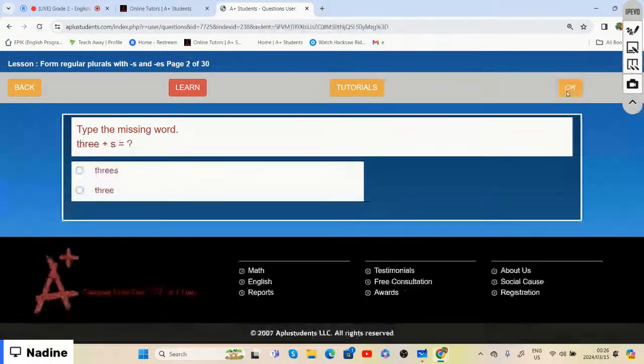Then we have three, like the number three. But as soon as we add an s, three plus an s, what would our word be? Is it threes, which is the first one, or does it still say three, which is the second one?